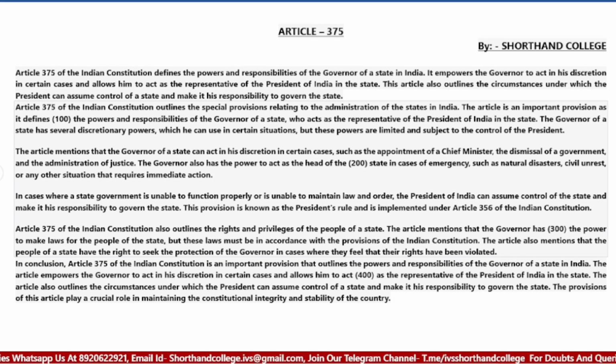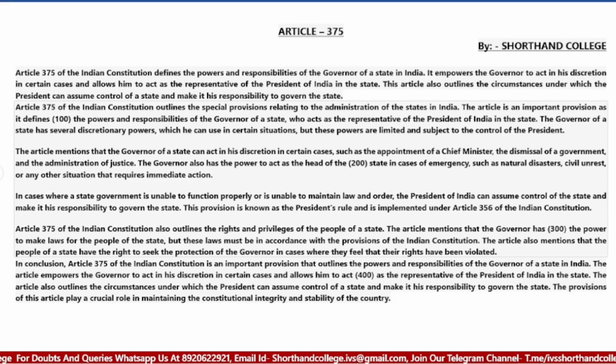In conclusion, Article 375 of the Indian Constitution is an important provision that outlines the powers and responsibilities of the governor of a state in India. The article empowers the governor to act in his discretion in certain cases and allows him to act as the representative of the President of India in the state.